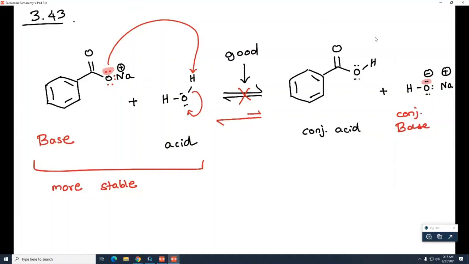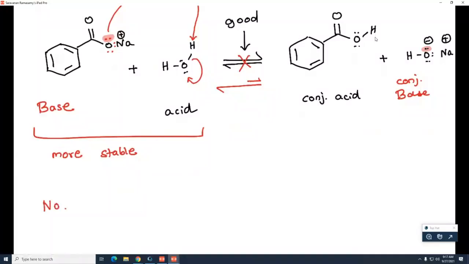Fine. And the answer to the question is no. H2O is not a good proton source. Proton source means acid.